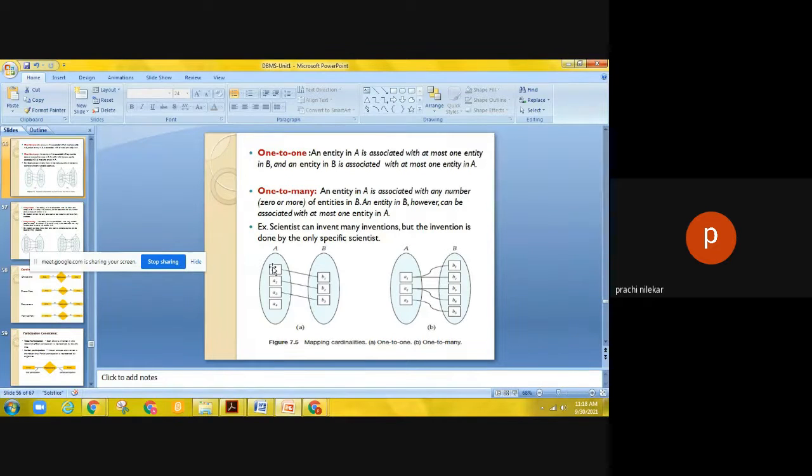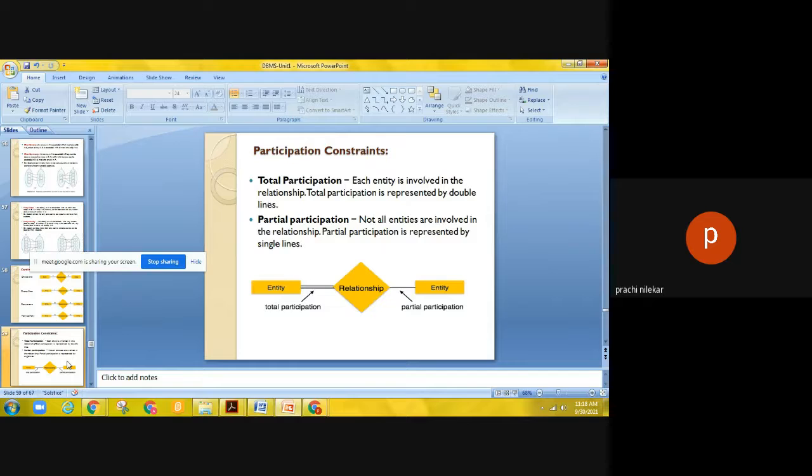See over here, the A and B diagram represents a one-to-one relationship. But in the A set, A4 is not participating with B. There is no relation. So is it total? No, it's partial, because here not every entity is involved.